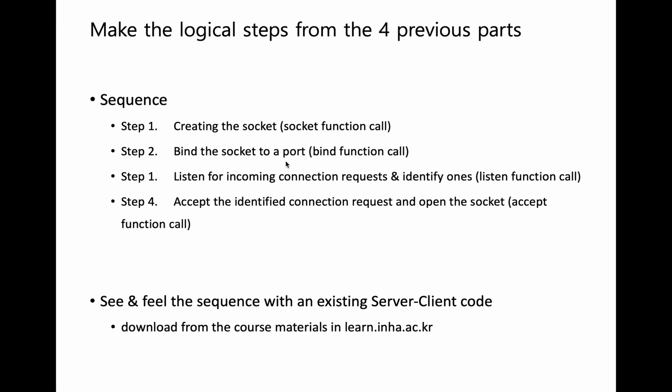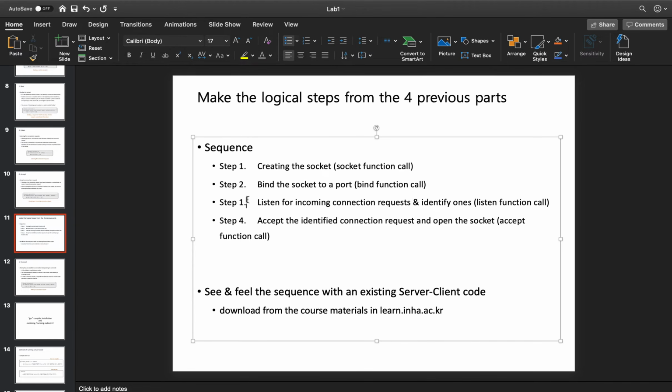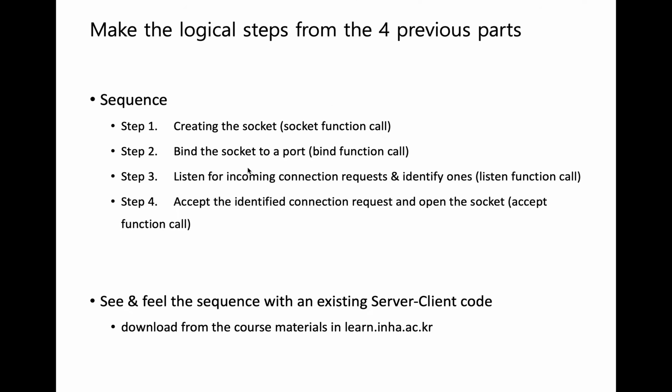So when you specify a port, that means you have a door to another process. So the second step was binding that socket to a port by making a bind function call. And I apologize for this typo. It's actually step number 3, and I could spend some time to stop this video and change this text, but it takes a lot of time, and I apologize for the inconvenience. So step number 3 is listening for incoming connection requests by making a listen function call.